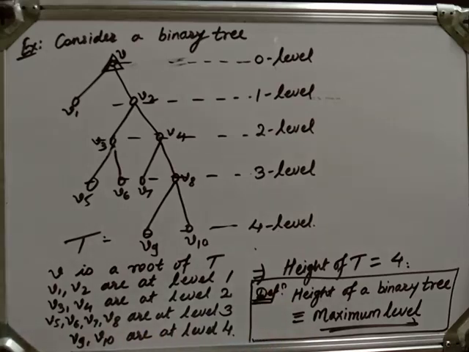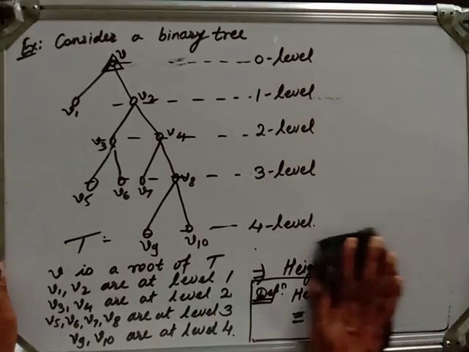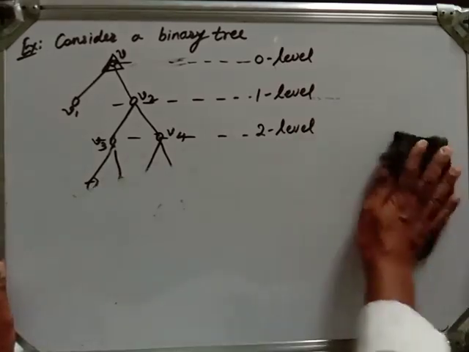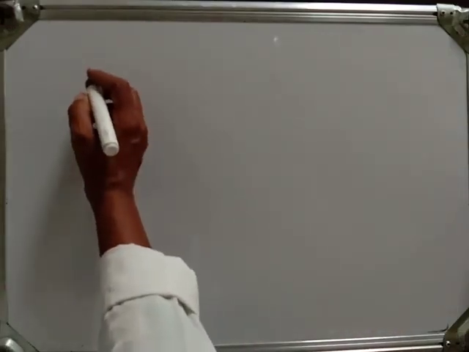Now the next thing, maximum and minimum height of a binary tree. Let's see that part.